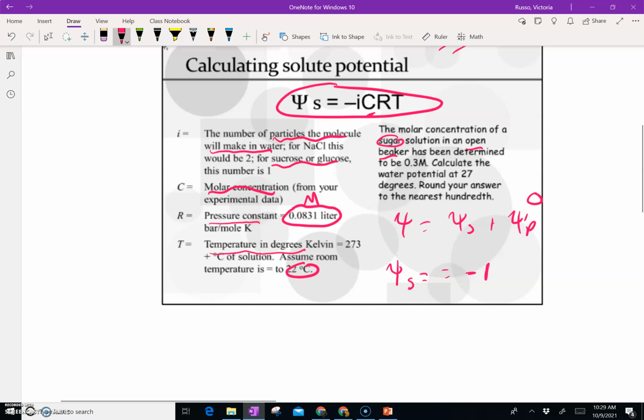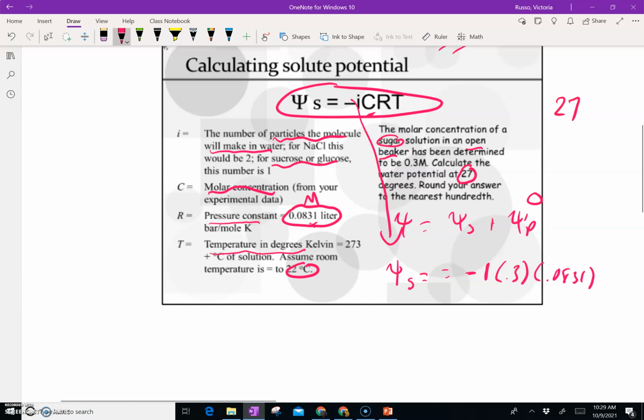C is our concentration. So again, we're using this formula here, down here. And they told us that was 0.3. Our R value, right here, 0.0831. And then we need to change this to Kelvin.